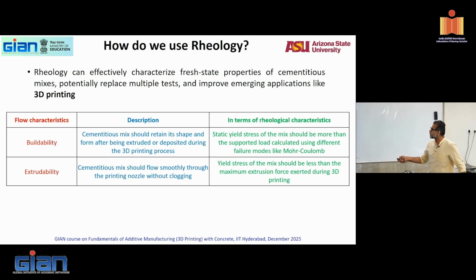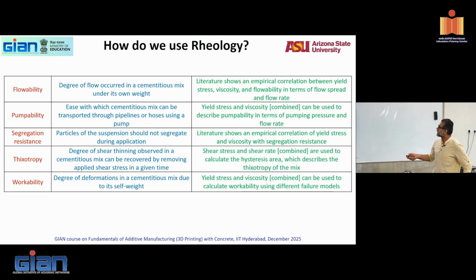Extrudability: you should have it flow smoothly through the printing nozzle without clogging. Yield stress is an important characteristic there. Flowability, the degree of flow that you have. Literature shows empirical correlation between yield stress, viscosity, and flowability, so you can use some of that to determine what you will need. Pumpability, yield stress and viscosity that you know from regular concrete.